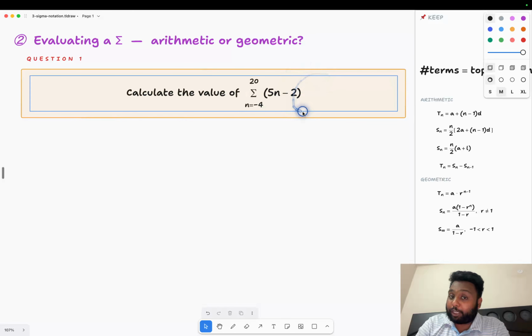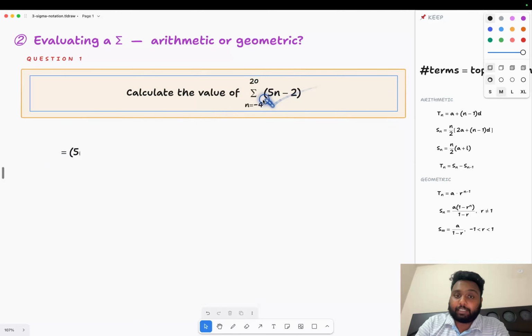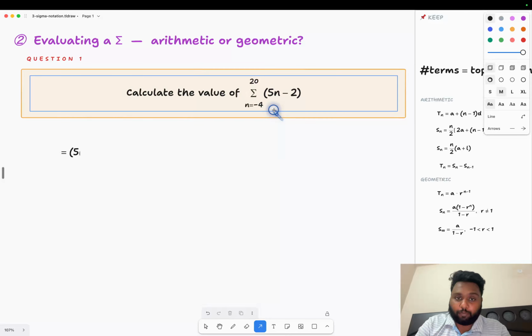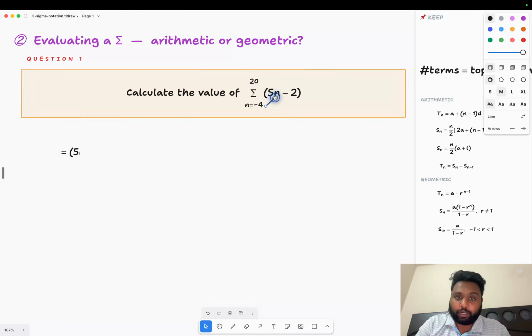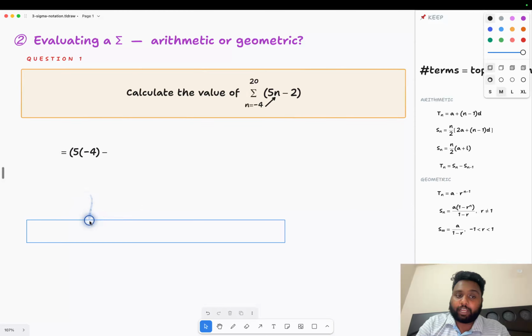And if you are having trouble understanding what type of sequence or series it is, we can write out some of the terms. Let's take the value of minus 4 and substitute it into this formula. When we substitute minus 4, we get 5 multiplied by minus 4 minus 2.